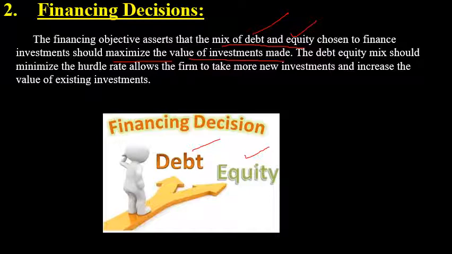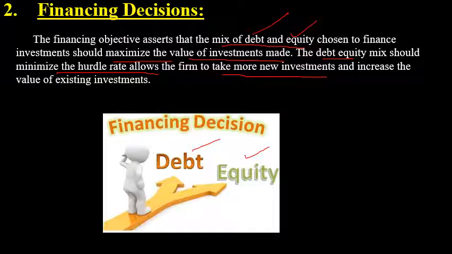How should the mix between debt and equity be? It should minimize the hurdle rate, which means it may minimize the problems; there should not be imbalances, there should always be balance between debt and equity. So that the company can take more new investments.